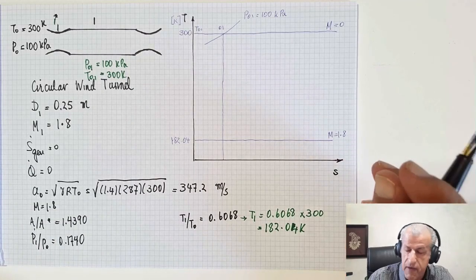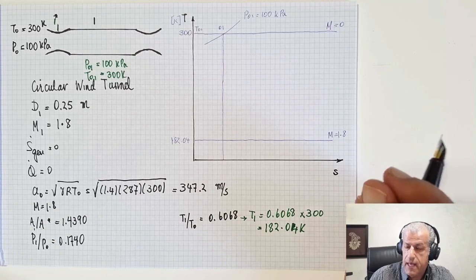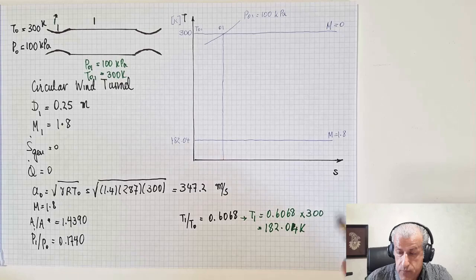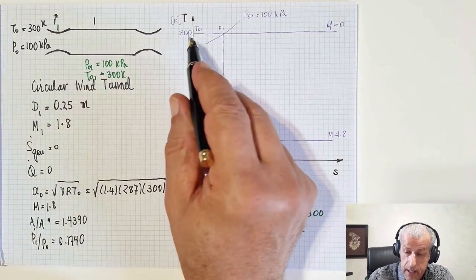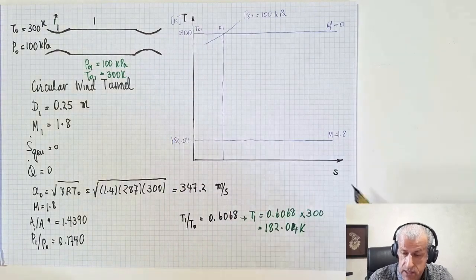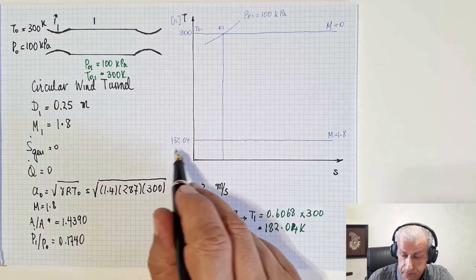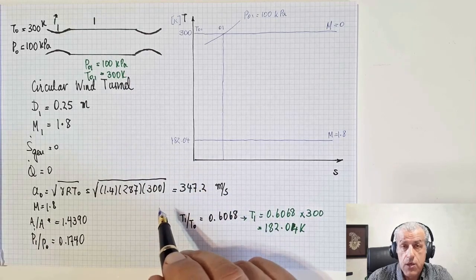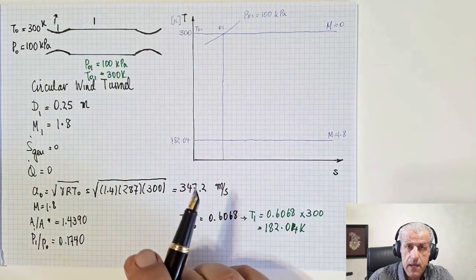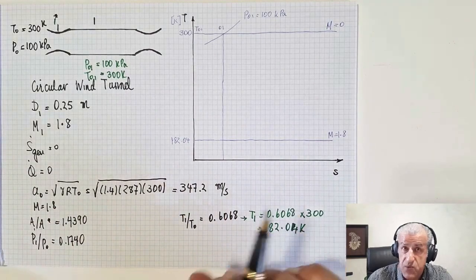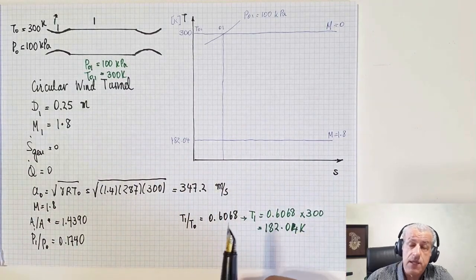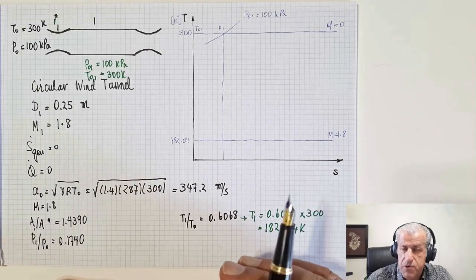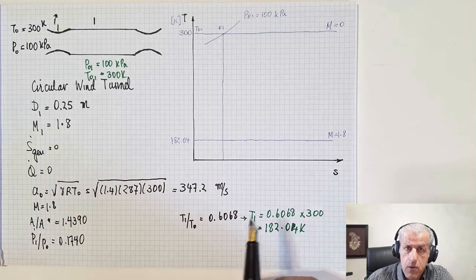It's enough if the flow is adiabatic, and this idea would remain the same up to here. I mean, as long as total temperature is 300, Mach number is 1.8, and static temperature is 182, these values match. Pressures are where being isentropic would come into play. But for temperatures, being adiabatic would do.